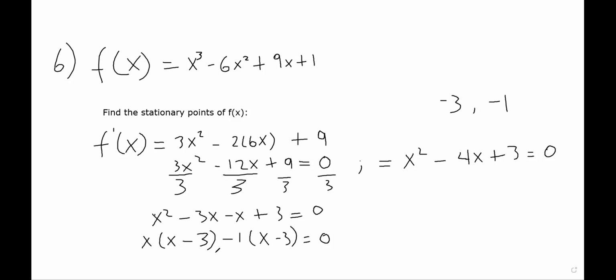So we say x minus 1 brackets x minus 3 equal to 0, right? So we can easily determine our x values. You guys should be seeing it right now, where we see our x is equal to 1 and our x is equal to 3, right?